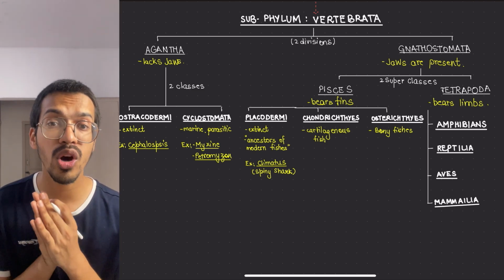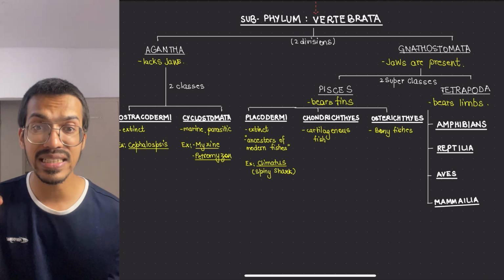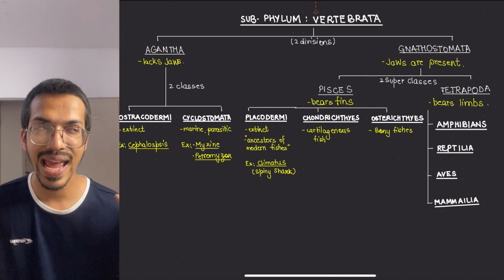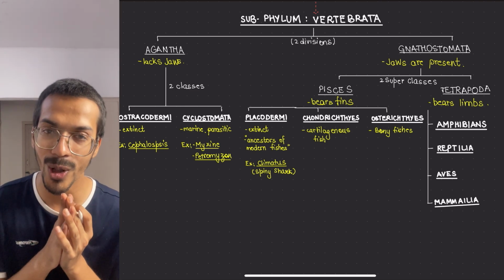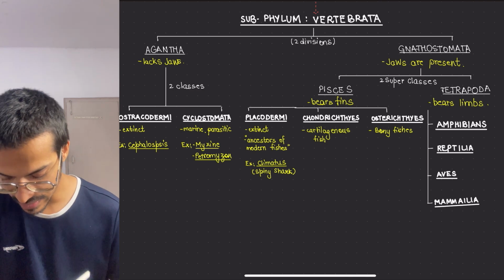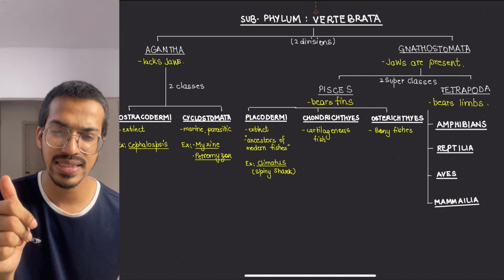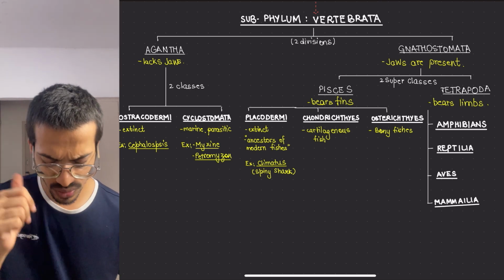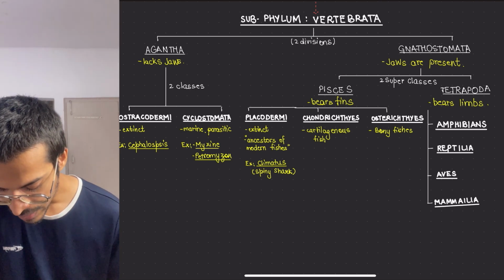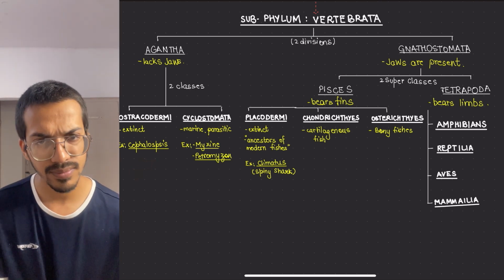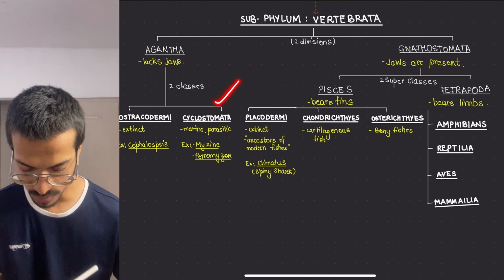Think about these organisms; they carry a lot of weight. They are heavy weight lifters, I call them. These are extinct. We will talk about them and why they became extinct when we study it, then we will move forward. The example is Cephalaspis.